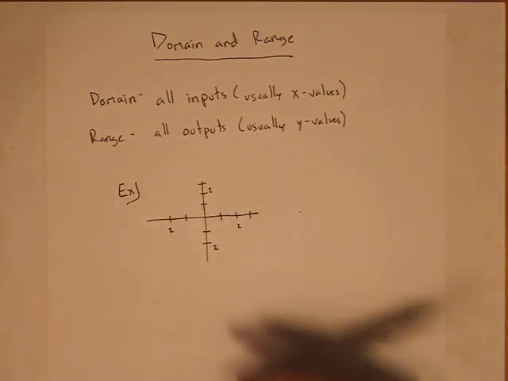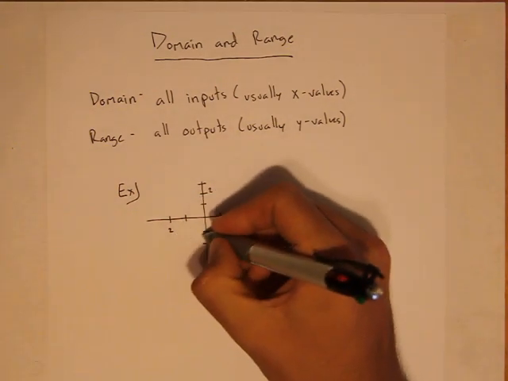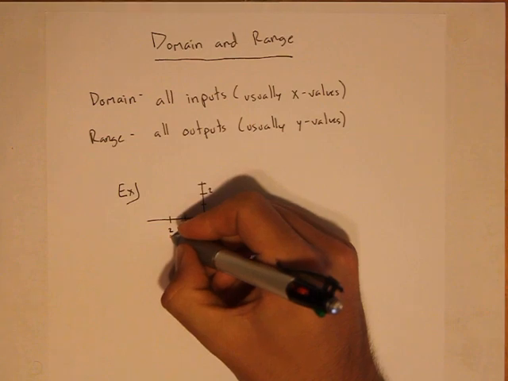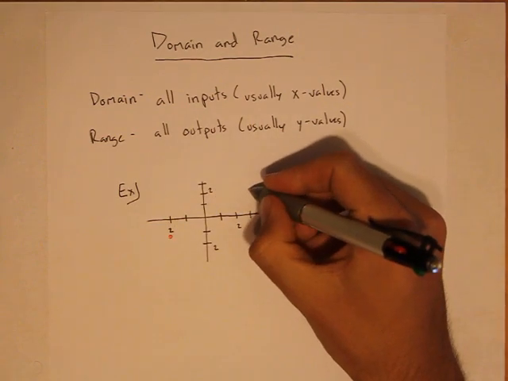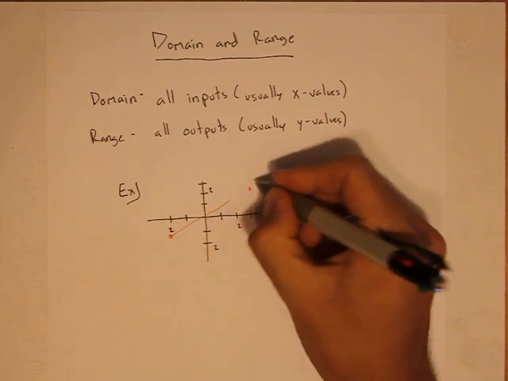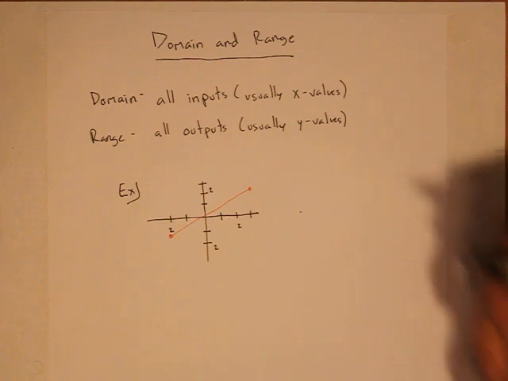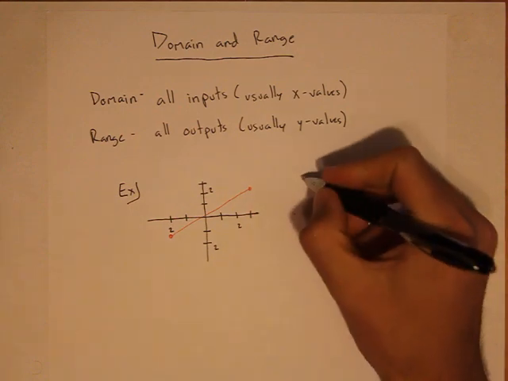I'm going to grab a red one and start here at -2, -1, put a nice big red dot. I'm going to go up to 3, 2. I'm going to connect that with a line. And that's the first graph we're going to take a look at. So we want to find the domain and the range of that graph.